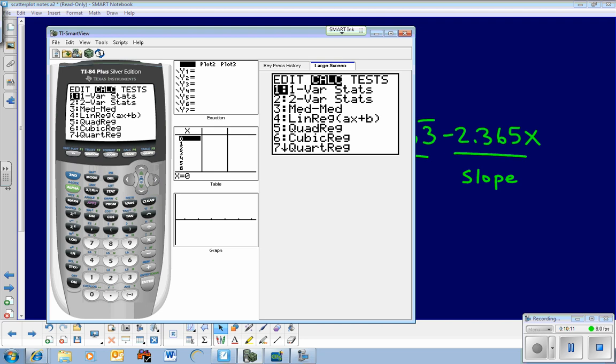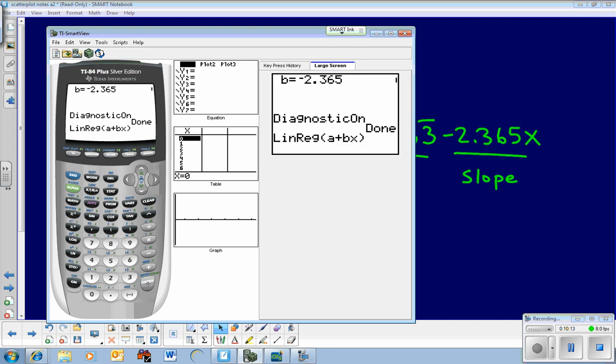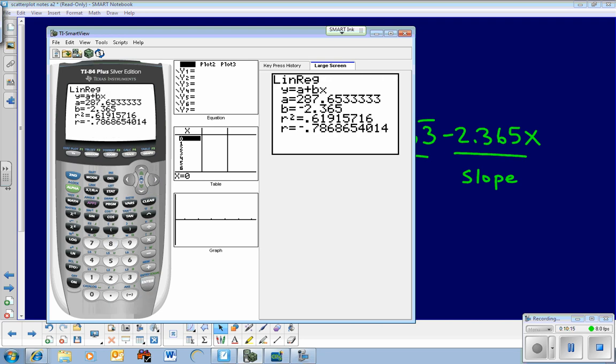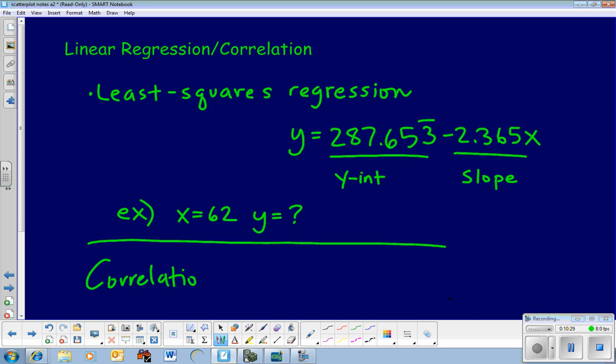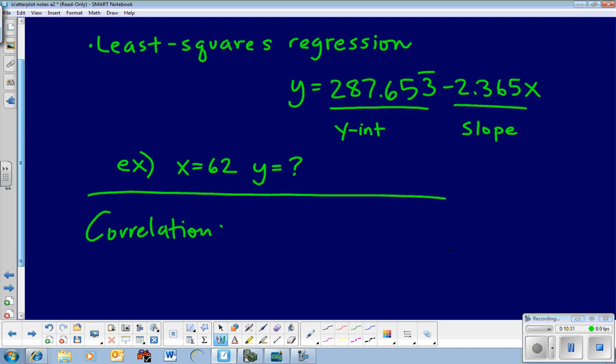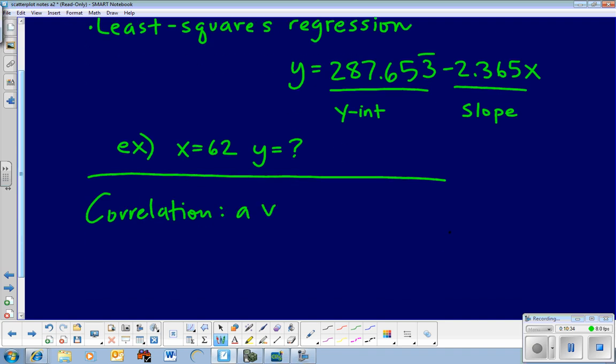Now if I go Stat Calc 8, I get two other values, R squared and R. The one I want to talk about right now is R. That's correlation. Make sure you get this definition written down. Correlation is a value that is the letter R. It's always between -1 and 1.